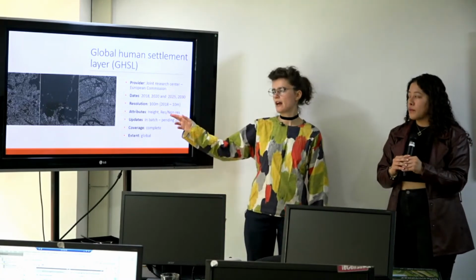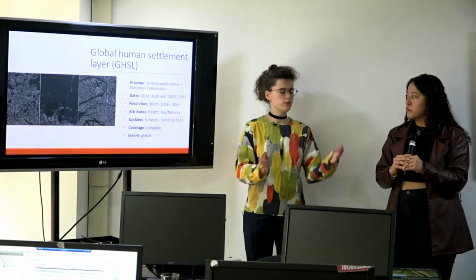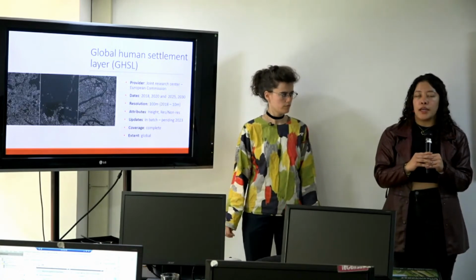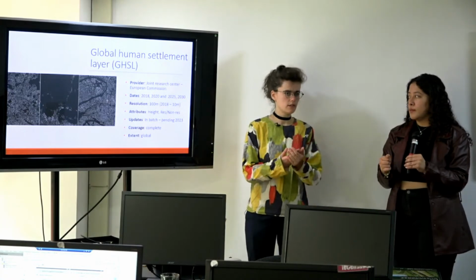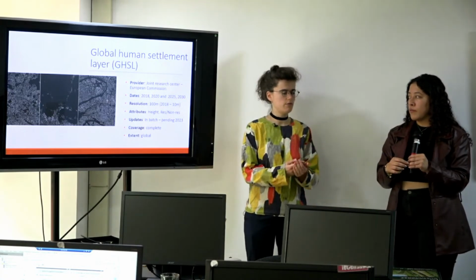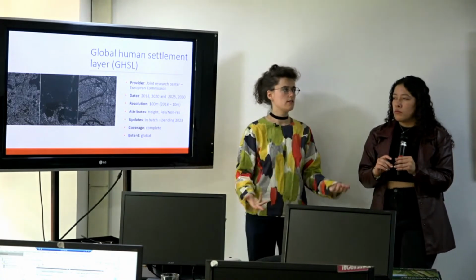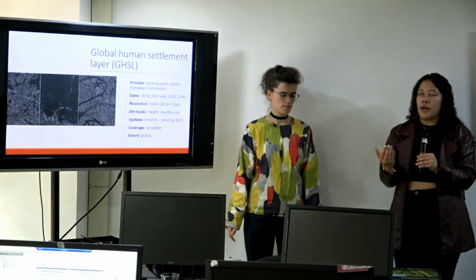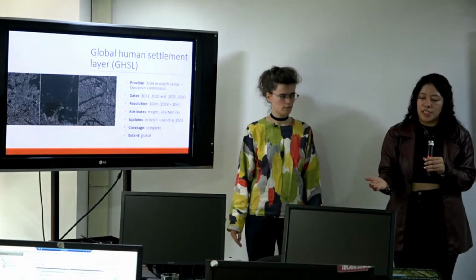And also they have a model to predict residential versus non-residential areas. You can see this is really informative for population modeling, because population tends to live in residential areas.